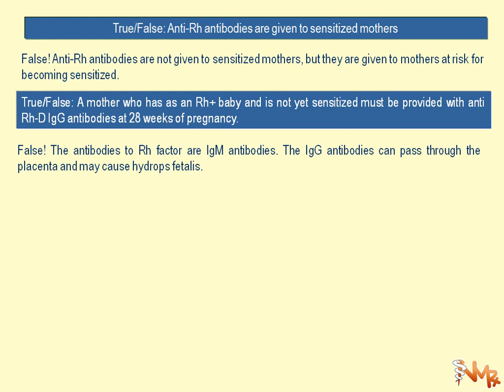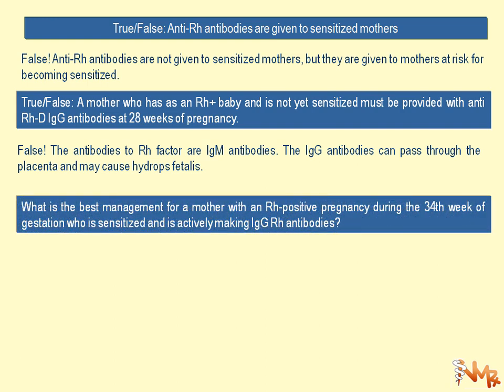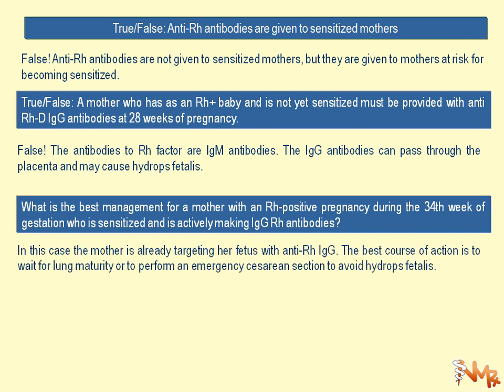Lock in this information. What is the best management for a mother with Rh positive pregnancy during the 34th week of gestation who is sensitized and is actively making IgG-Rh antibodies? In this case, the mother is already targeting her fetus with anti-Rh IgGs.